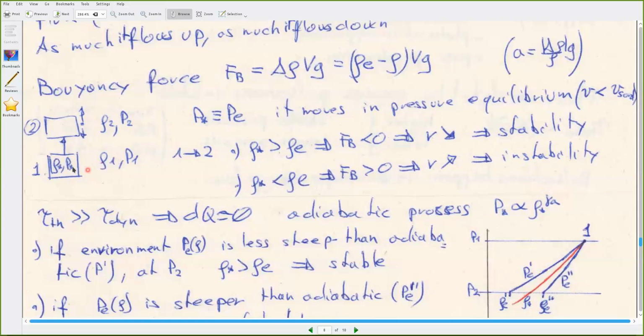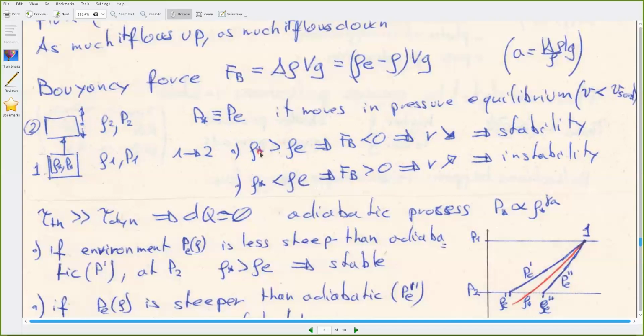If you go from 1 to 2, then we have to check what happened. In position 2, either this blob will go up again, so there is instability, or it will go back, which means stability.